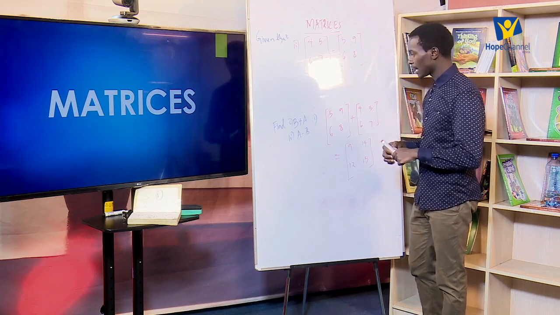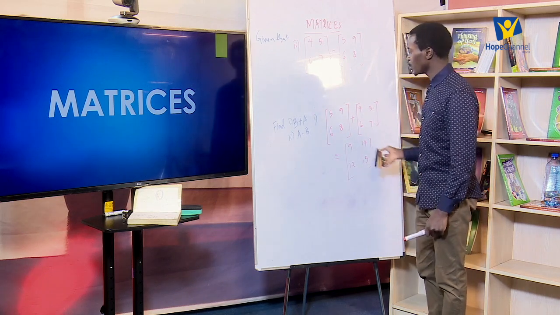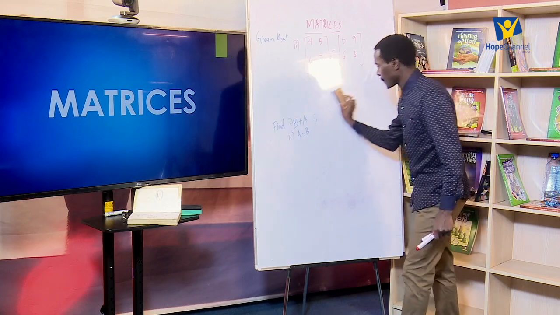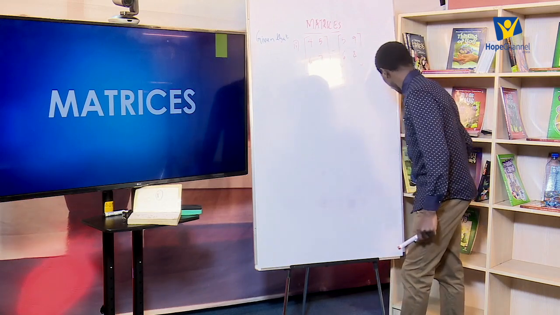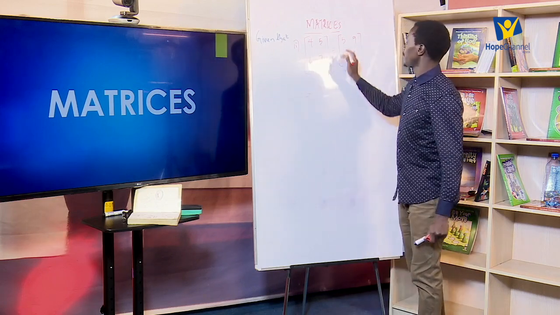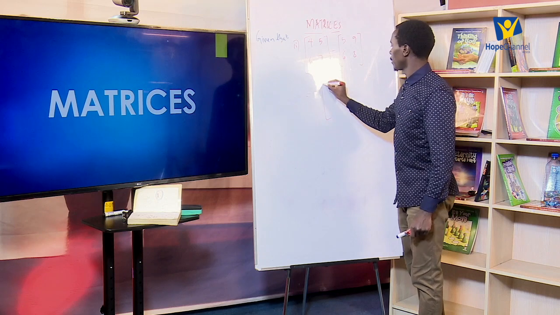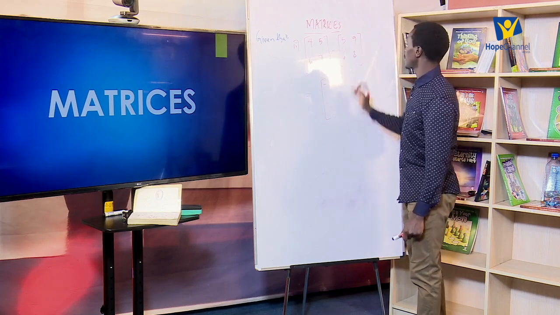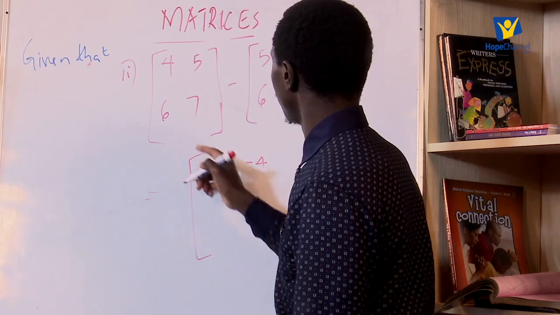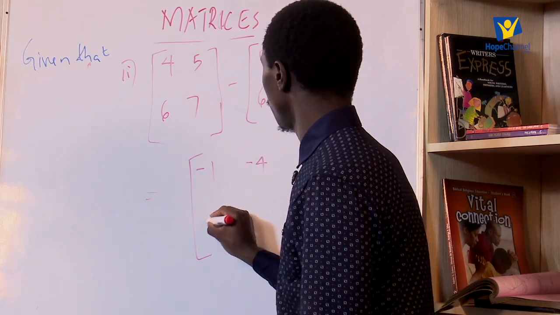You do a direct subtraction, just as you do with integers. Now we're going to subtract what we get. So 4 minus 5 should be negative 1. Then 5 minus 9 is negative 4. We have 6 minus 6, which is 0.